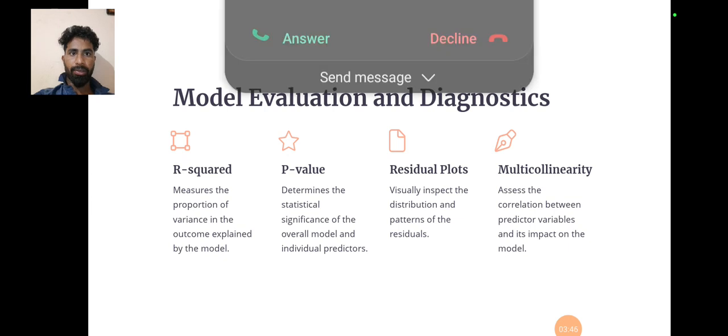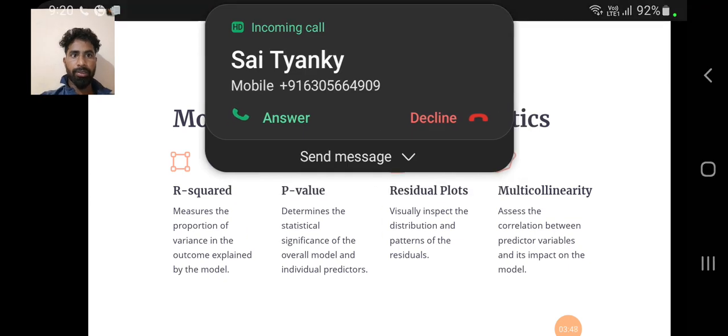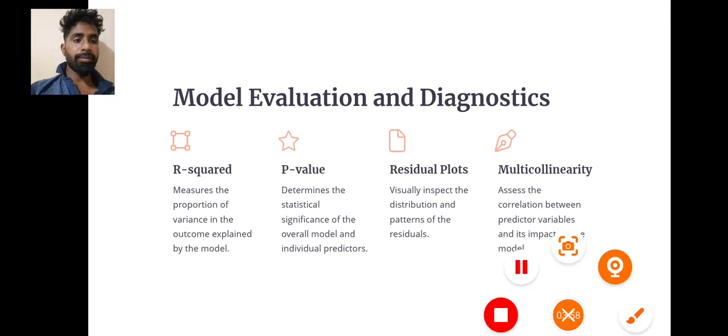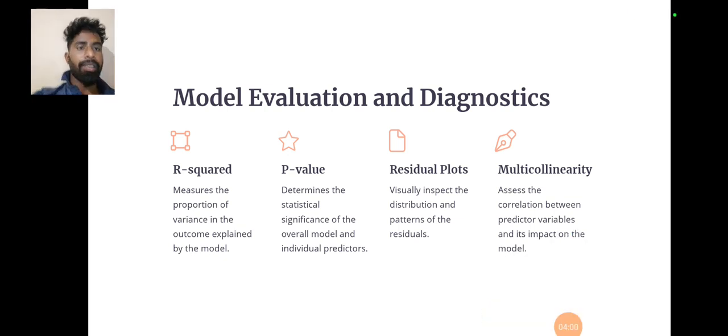Residual plots visually inspect the distribution and patterns of the residuals. Multicollinearity assesses the correlation between predictor variables and its impact on the model.